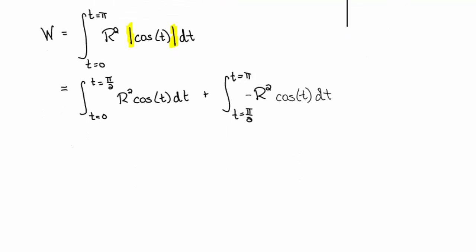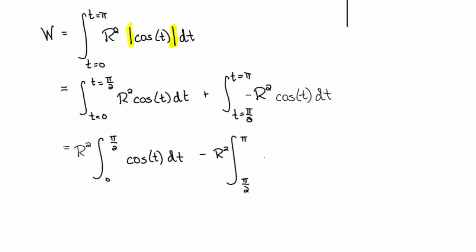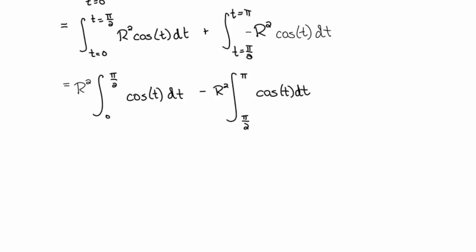Now I can do some mathematics. Factor out the r squared. We're going from 0 to pi over 2 of the cosine t dt minus, because I'm factoring the negative out, r squared integral from pi over 2 to pi of the cosine of t dt. The antiderivative of the cosine is the sine in both of those cases.